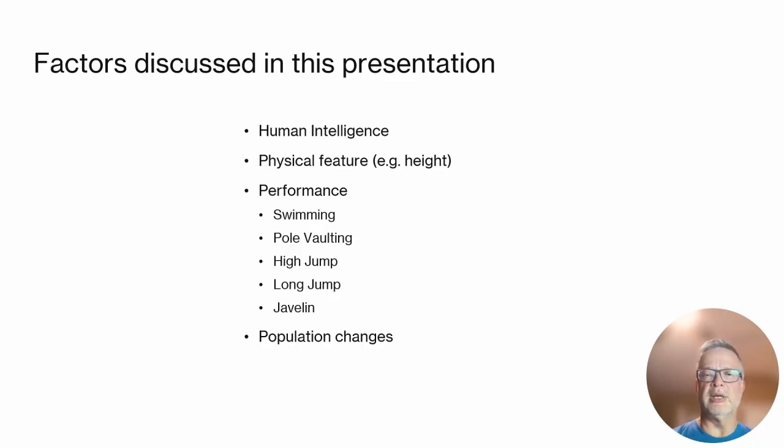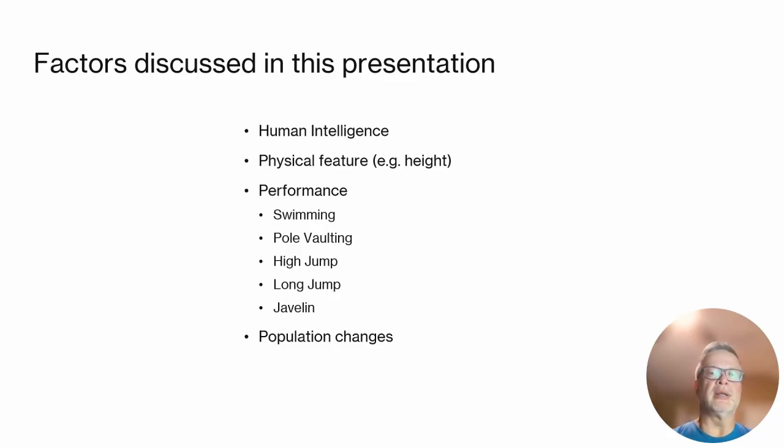So in terms of human intelligence, it is not necessarily IQ, it will be also other metrics that we use for human intelligence. I decided to cover some physical features of the human body, and I took one which is height, very easy to check, to measure, difficult to commit an error measuring human height.